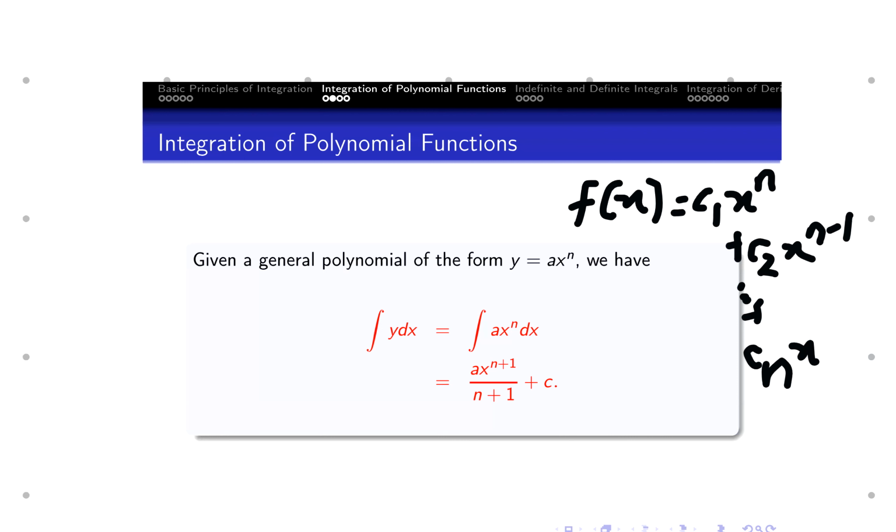So that's generally the idea of a polynomial. Here we just take this as a general form of a polynomial.